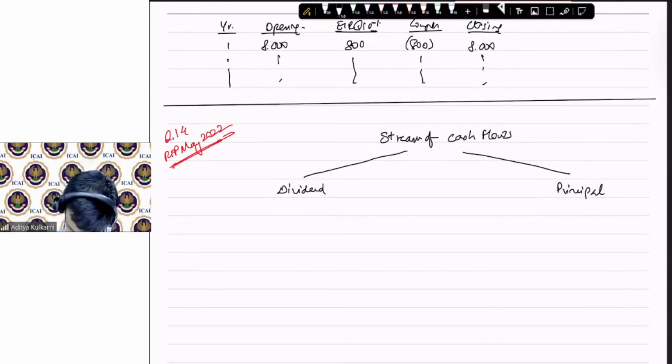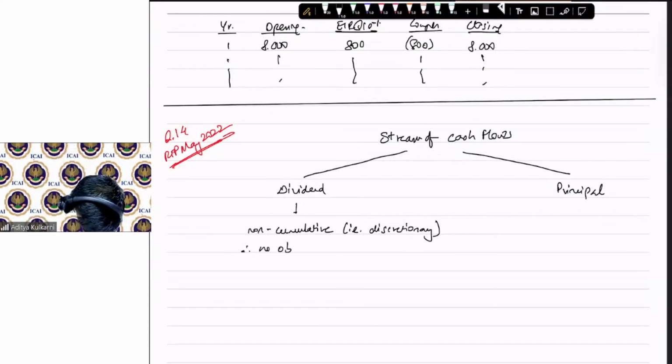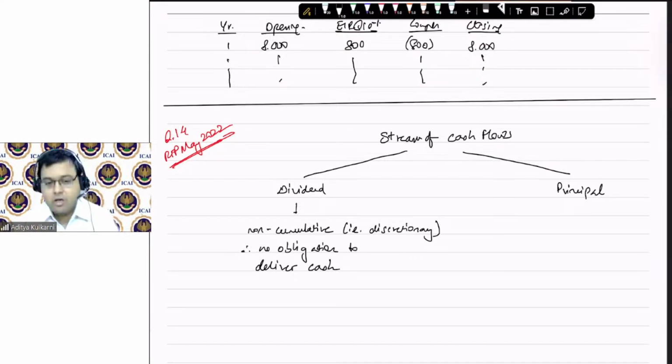So here the dividend is non-cumulative. That is discretionary. Therefore, no obligation to deliver cash. No obligation to deliver cash.